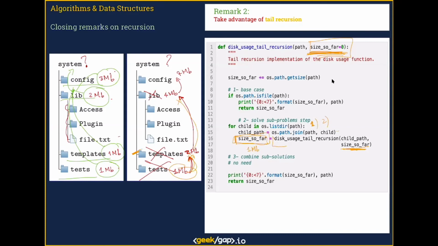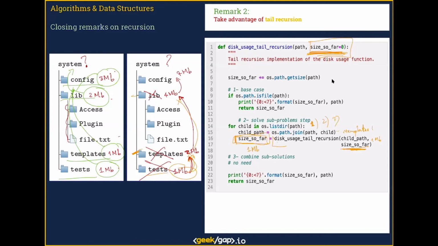usage of the folder called templates. But take into account the fact that tests already has 1 MB. So use 1 MB as the size so far. And it's going to do the same when we're at the third step.